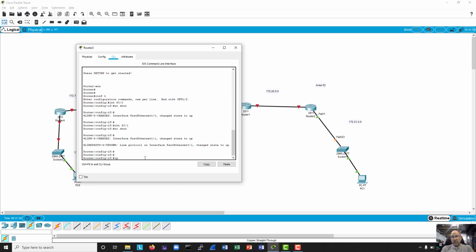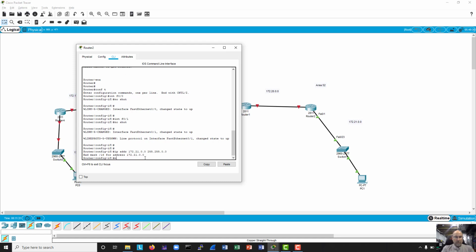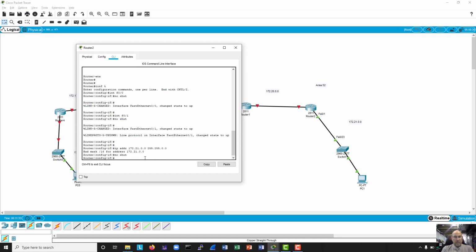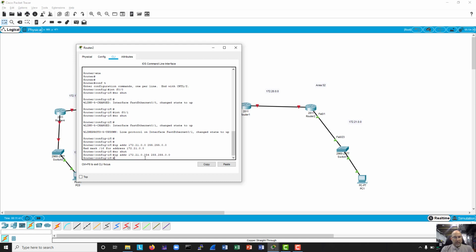I just get worried about my interfaces and want to make sure that I don't have to go back and fix anything. All right, we're going to do this one a little bit backwards. IP address 172.21.0.0. Oops. I think I did a no shut, right? And that's not going to work. Why didn't you guys tell me that? That's not going to work. There we go.